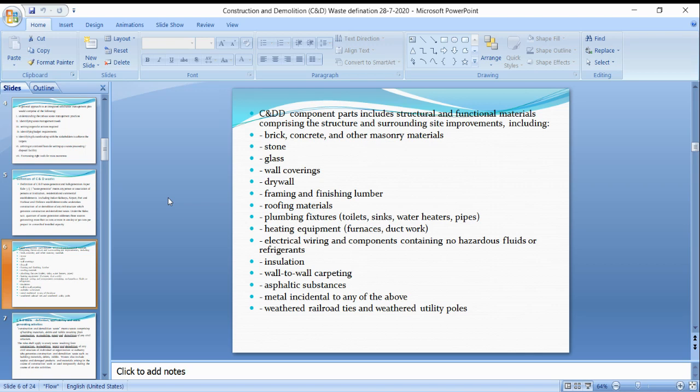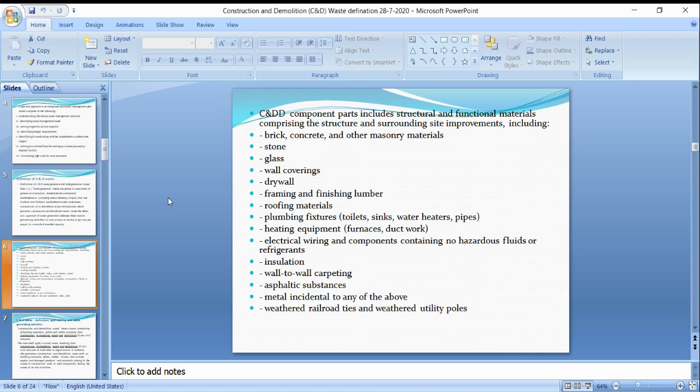If you want to construct any wall, generally we have bricks, and you will also find concrete and stones. If you want to construct any floor or compound wall, there you will find stone. For a window, you will find glass.